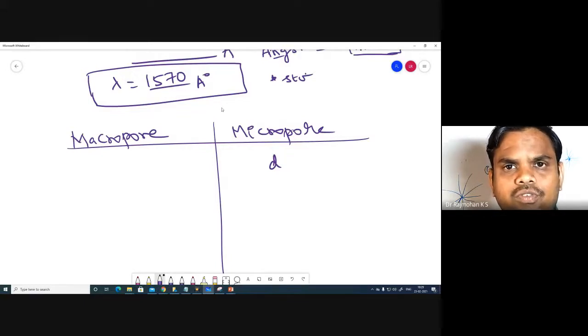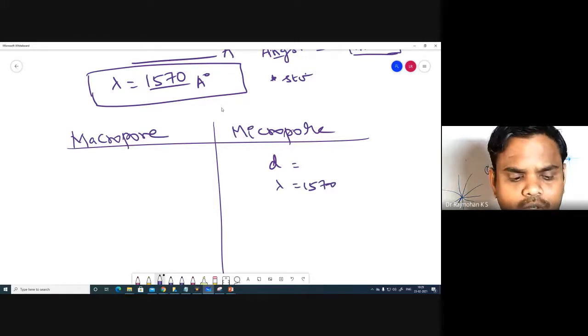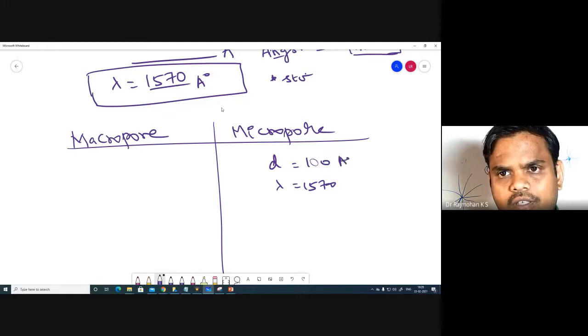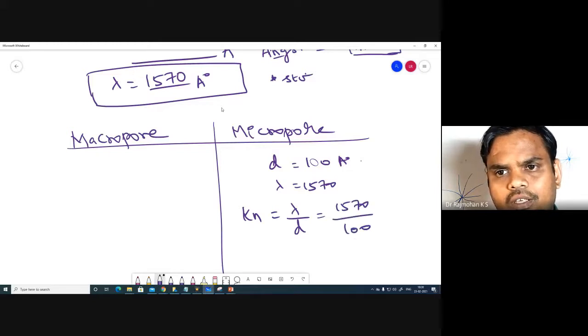The value is 1570. Diameter for micropore, we have seen, is 100 angstrom. In the given data, I have written how we got this. Knudsen number is defined as the ratio of mean free path to the diameter of the pore, equal to 1570 divided by 100. So we are going to get 15.7.